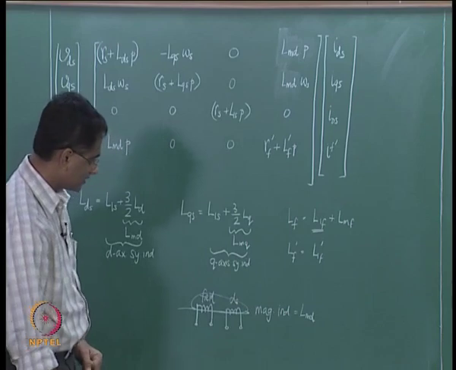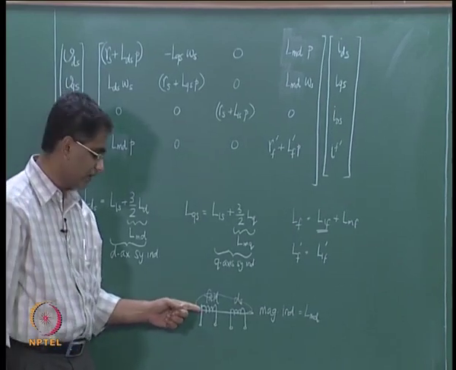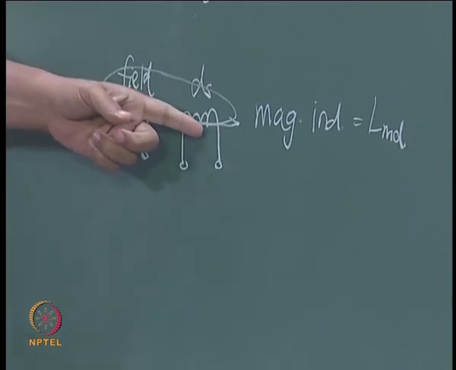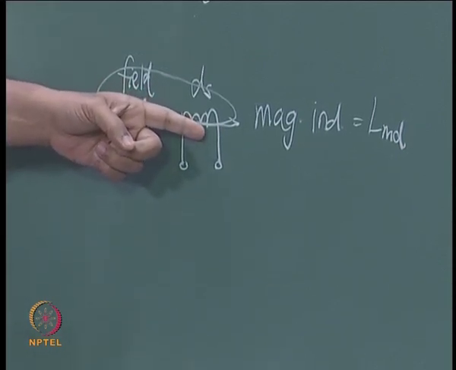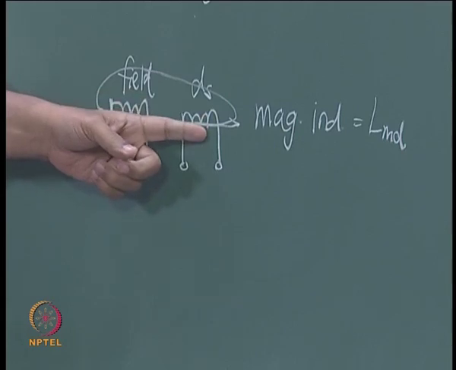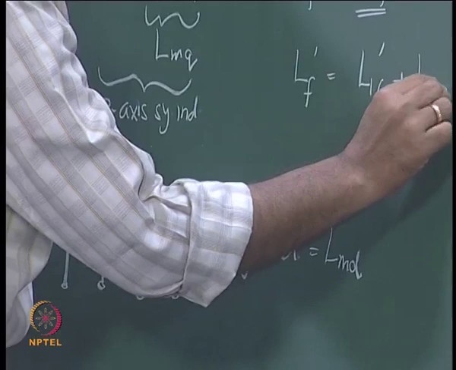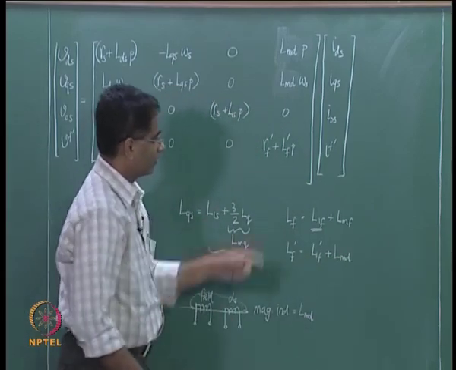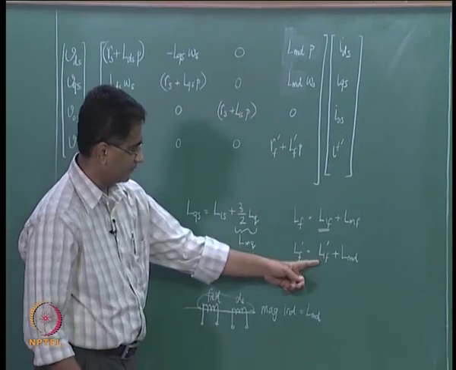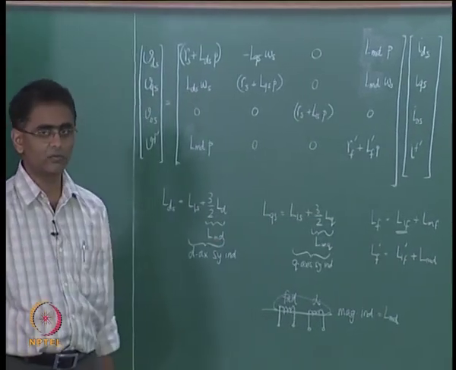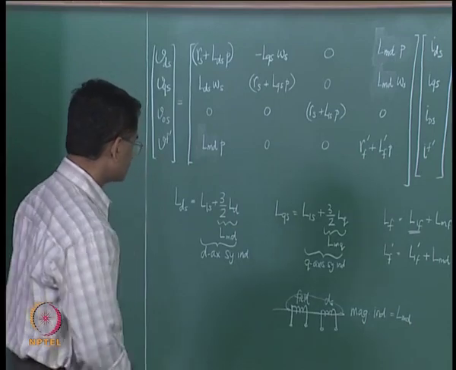LMF is the magnetizing inductance of the field, and when you multiply that by the turns ratio squared, what you get is the magnetizing inductance of the d axis coil, and therefore this is nothing but LMD. So, Lf dash is LLf dash plus LMD, where LMD is then given by this expression.